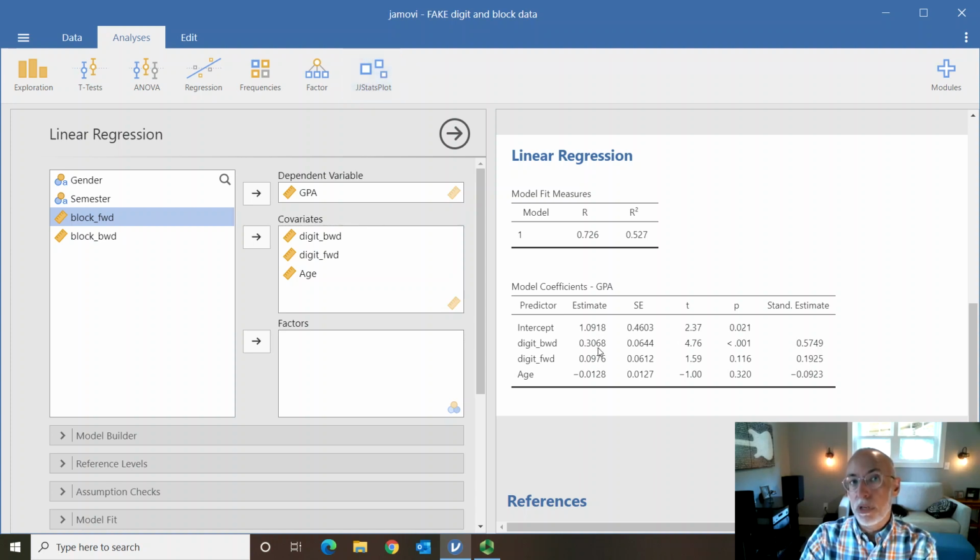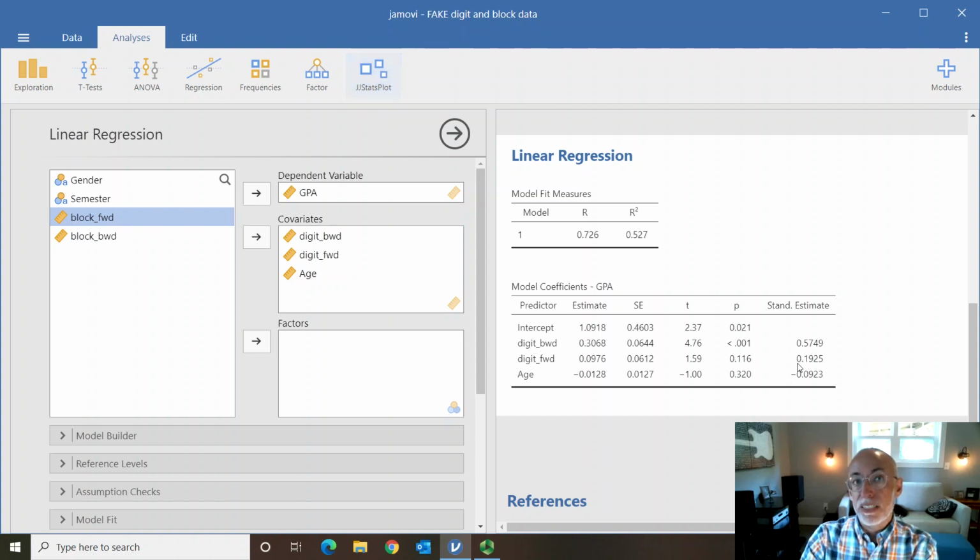That's the put in $1 to the Coke machine, get 1 Coke; put $1 into the M&M machine, the slope is 40, you get 40 M&Ms in the bag. So slope here is still 0.3, close to what it was when we had the single regression, a single factor. When you put in an extra 1 digit backward, your GPA goes up by about 0.3. You can see digits forward is not a significant contributor, and age is not a significant contributor.